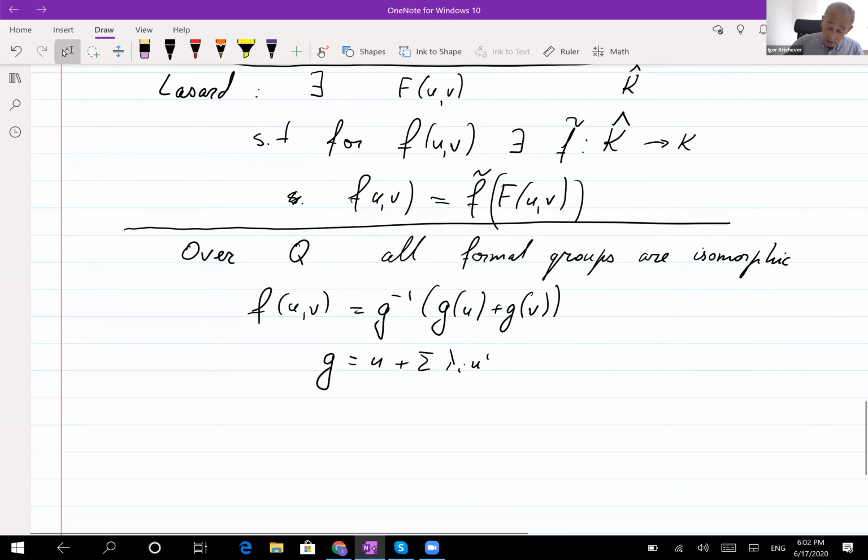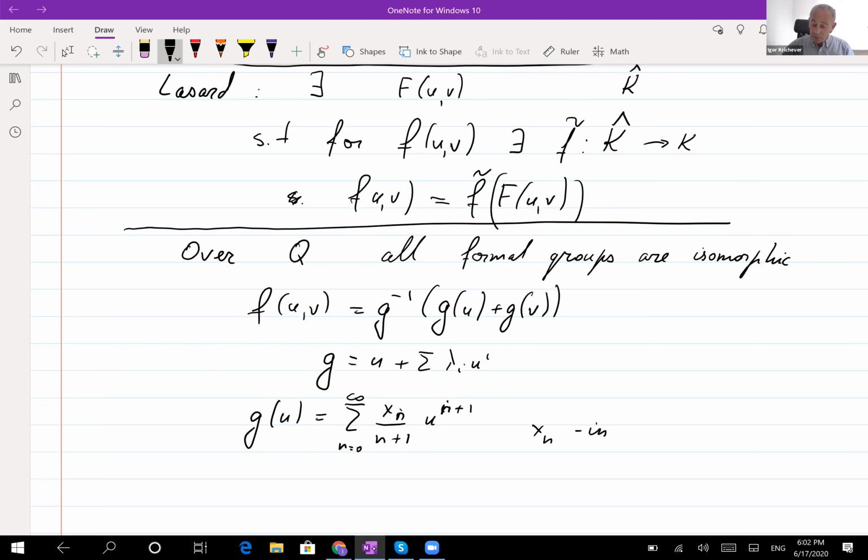And the universal Lazard formal group is defined as follows. The logarithm of this group has the form: take the formal series, the sum of x_n over n plus 1 times u to the power n plus 1, n from 0 to infinity, with x_n independent variables.